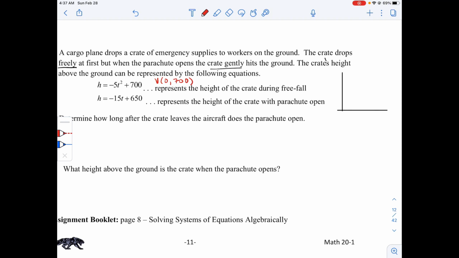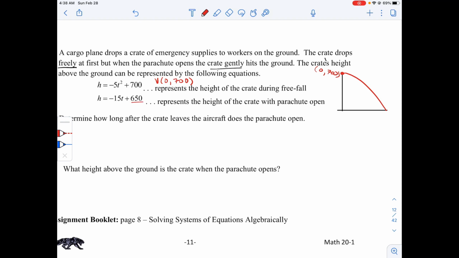When x is 0, y is 700. Our y-intercept here is 700, which is the height when the crate would be released. At time 0, the height is 700.